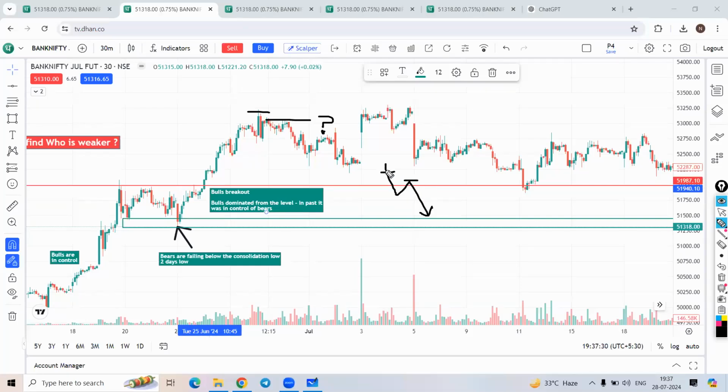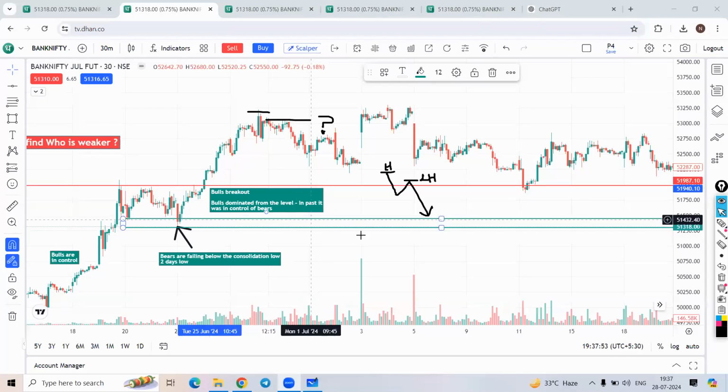This is a very, very basic question. If you don't have an answer for this question, then you don't have the basic knowledge of price action. Who can form a lower high formation? Obviously, bearish players can form it.